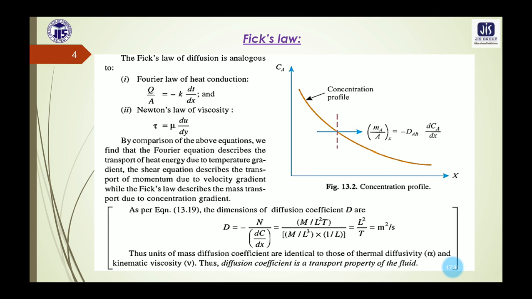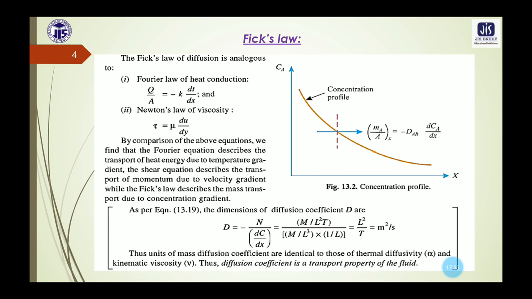We also studied Newton's law of viscosity earlier in fluid mechanics. So Fick's law of diffusion is analogous to these two laws related to conduction and viscosity respectively, the Fourier's law of heat conduction and Newton's law of viscosity.